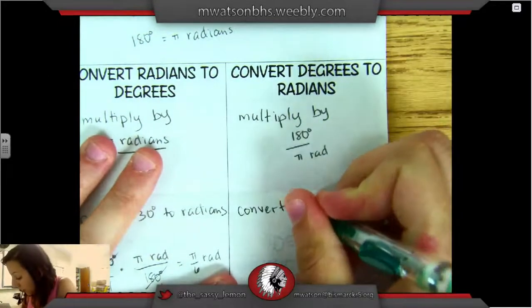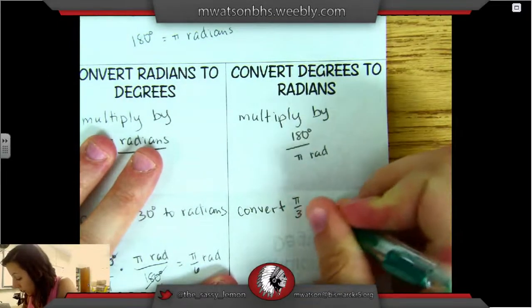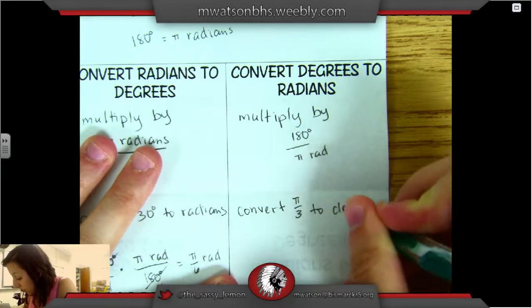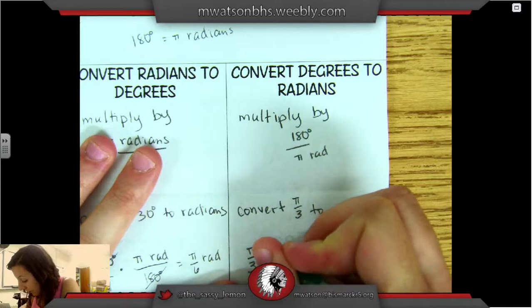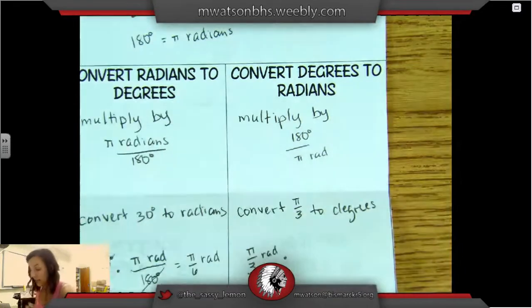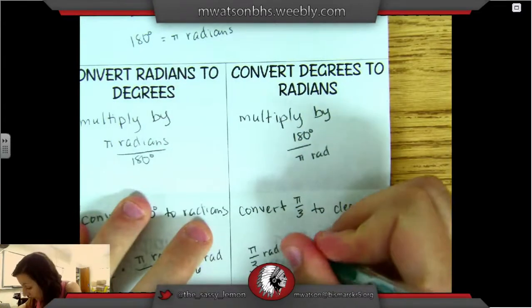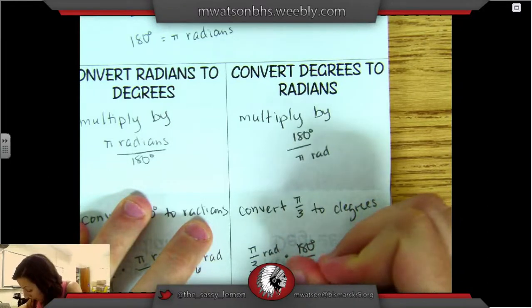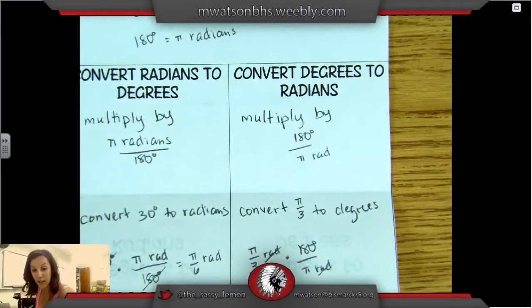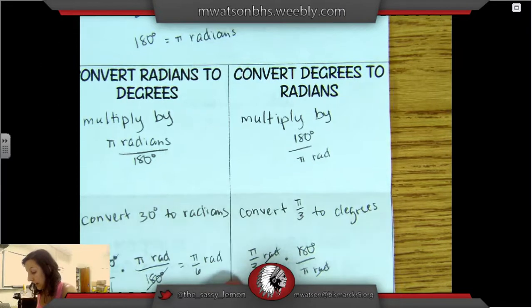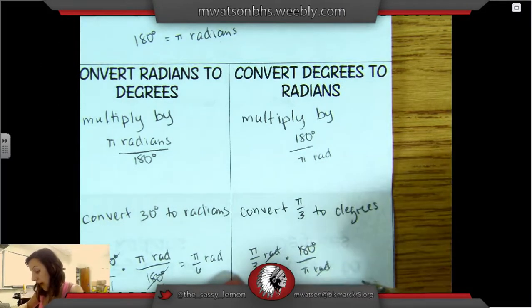So let's convert this time pi over 3 to degrees. So we've got pi over 3 rad, and it says to multiply by 180 degrees over pi radians. Remember, units cancel when they're on top and bottom. And then we just do the math.